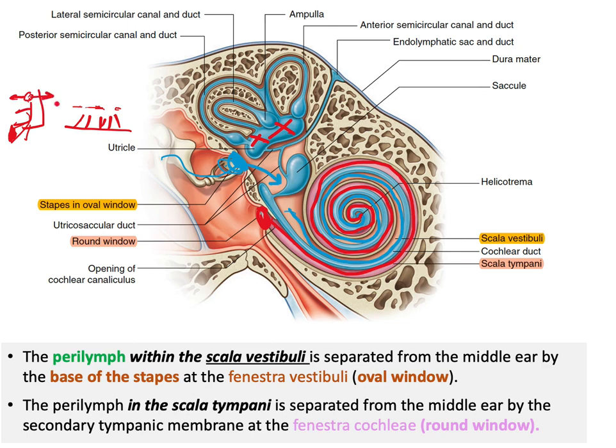So this acceleration movement is sensed by the utricle, while the saccule, because the hair receptors are oriented like this, is responsible to respond to the linear acceleration in the vertical plane. Like what?